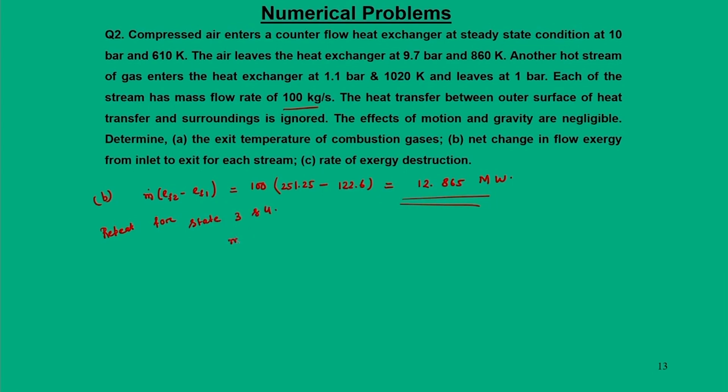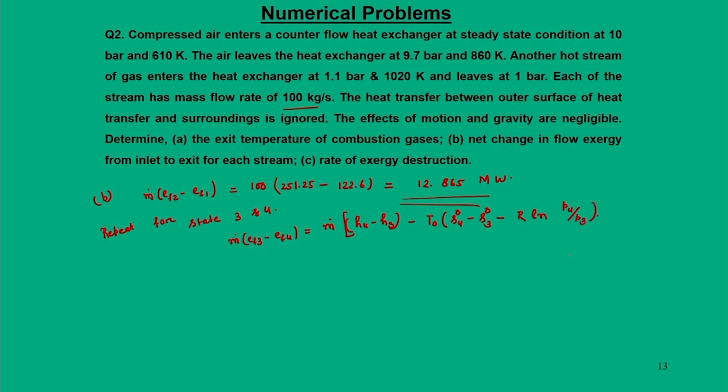We will find out m dot E f 3 minus E f 4 as m dot H 4 minus H 3 minus T 0 S 4 minus S 3 minus R ln P 4 by P 3.